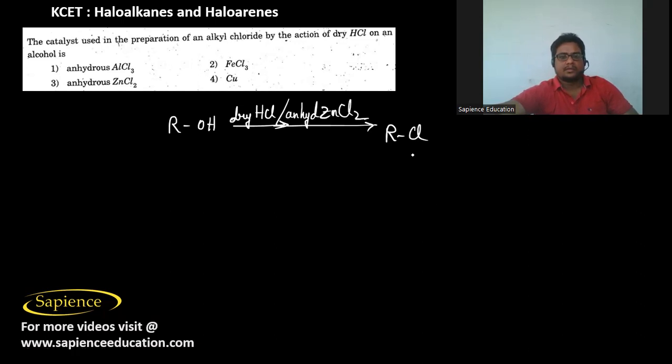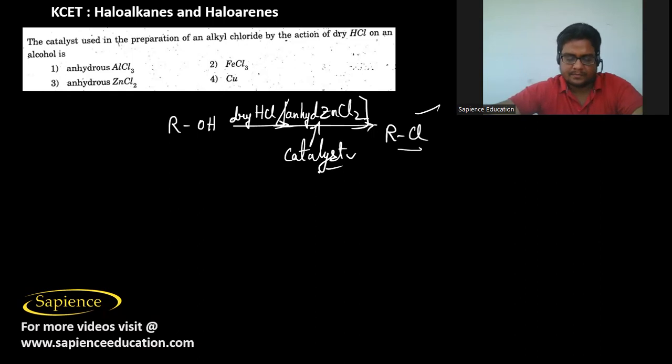So in the preparation of alkyl chloride from alcohol, the catalyst used is anhydrous zinc chloride. So option 3 is the correct answer.